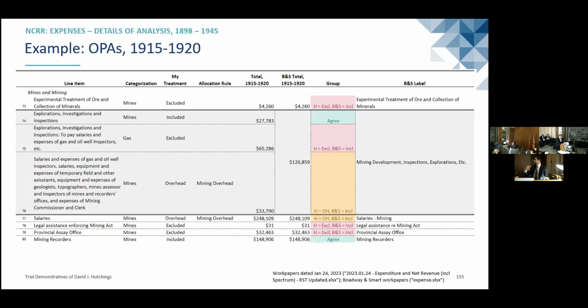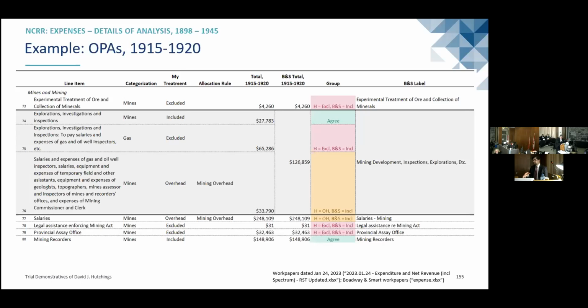So we look at what are the line items that add up to that number with a similar name. And as I go through this analysis, I see it's these three items kind of combined into one. And so that's why on the right, under this group, we agree on the top line. We disagree on the middle line, the salaries and inspectors of gas and oil well inspectors. And we have this yellow on the bottom line.